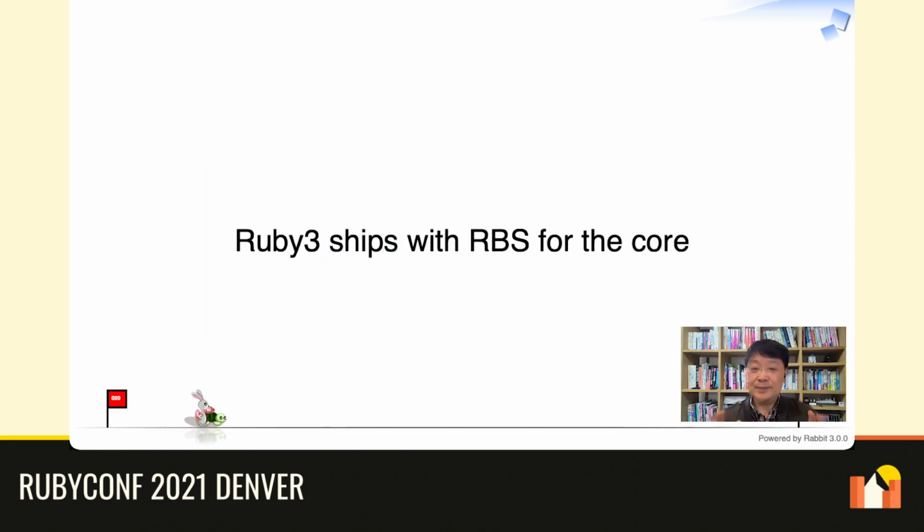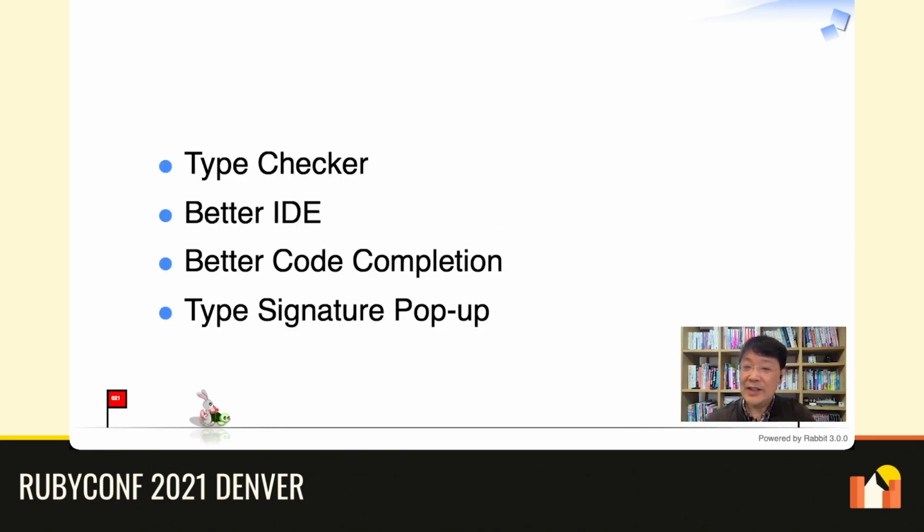The RBS description for the core libraries was shipped with Ruby 3.0. By using this information, we can implement type checkers and better IDEs, better code completions, and type signature pop-ups.